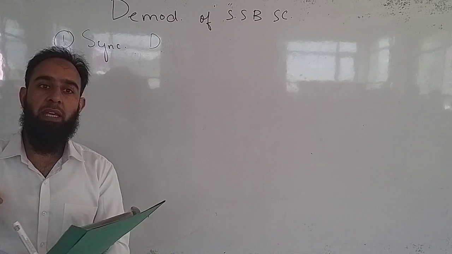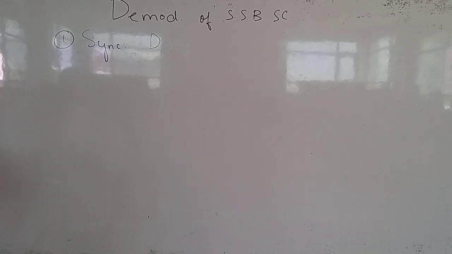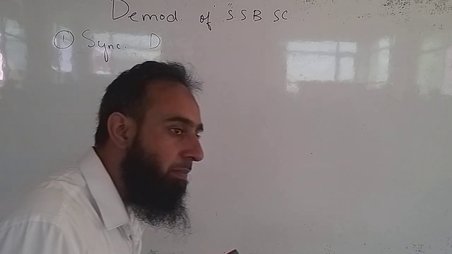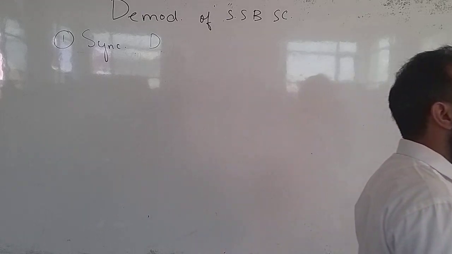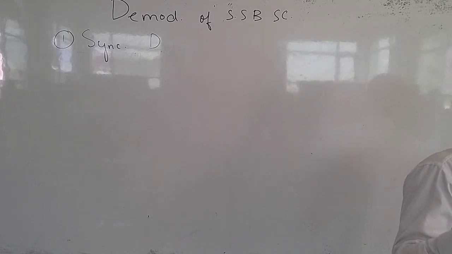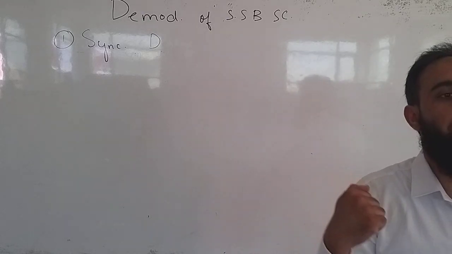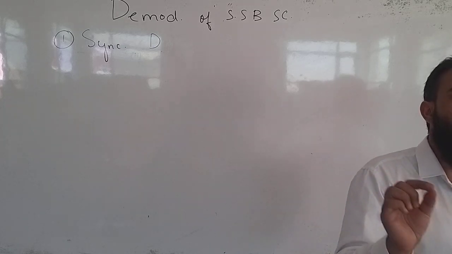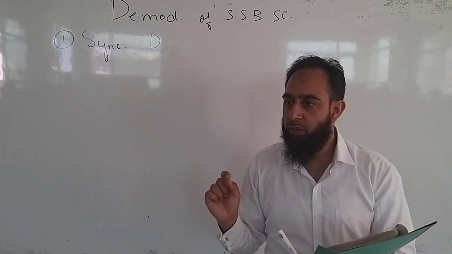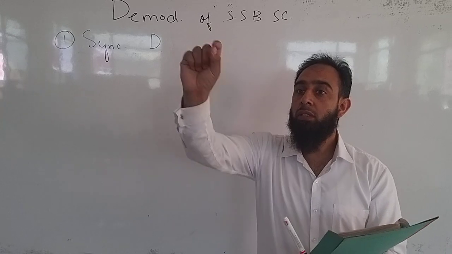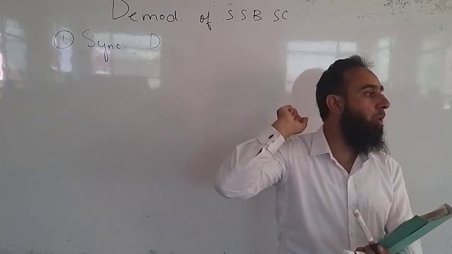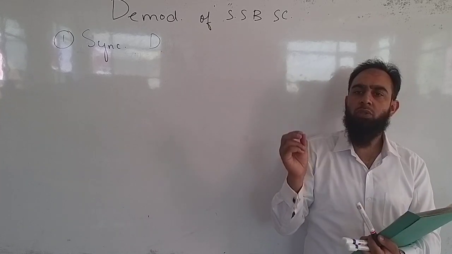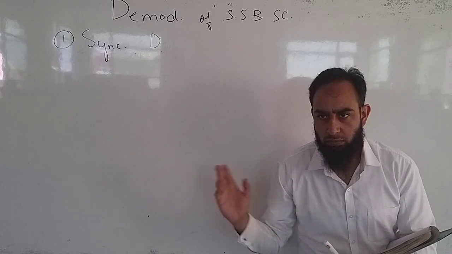So my simplest modulation is AM, and it is very easy to demodulate that also. Now as we try to play with some mathematics, some methodology, our demodulation will become complex. Even in AM, when mu is less than or equal to 1, we can use a simple envelope detector for demodulation.